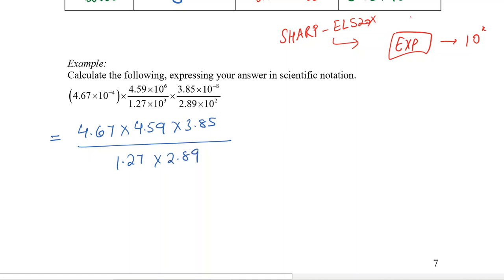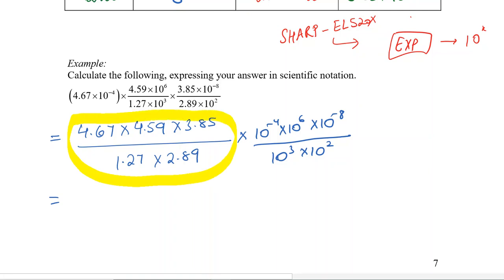For the powers of ten, I'm going to use my rules. All the powers of ten which are multiplied, let's write them together, and then we have some in the denominator. Use the calculator to figure out this part.